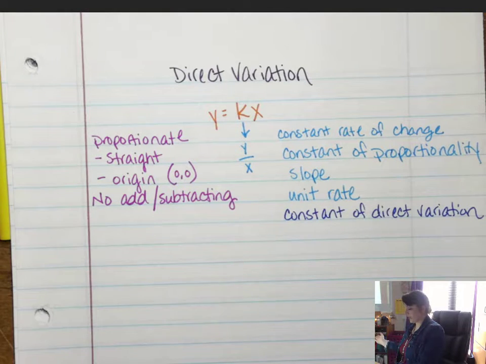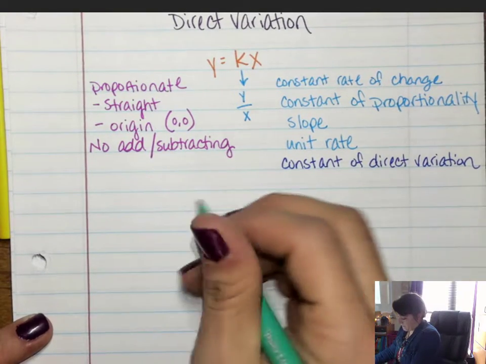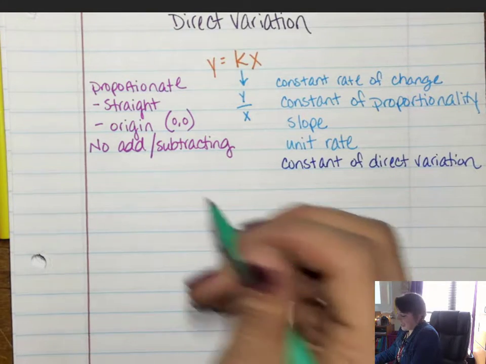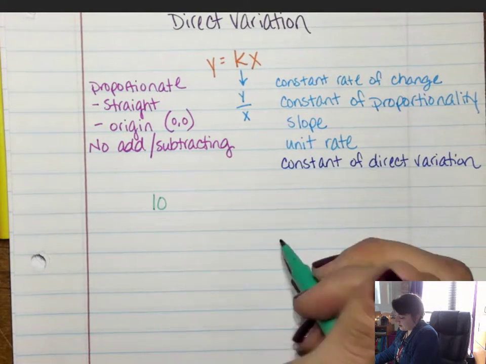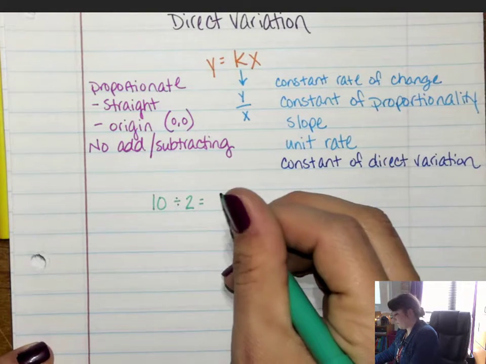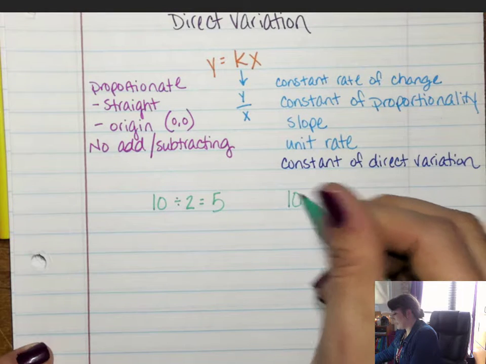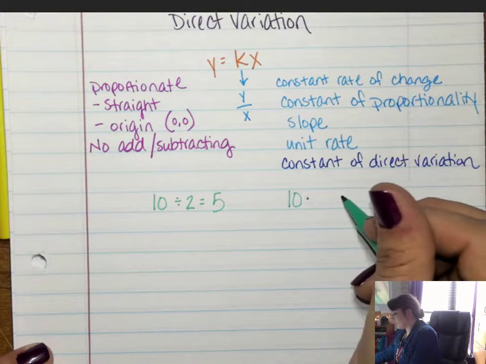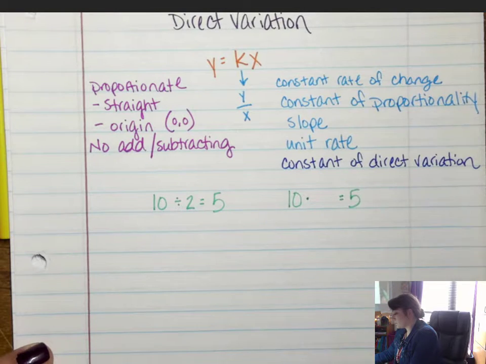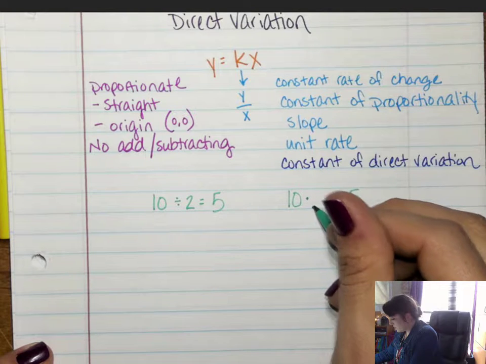Now, quick side note, just something to make sure we understand. 10 divided by 2 is 5. What can you multiply 10 by to get 5? I heard somebody say 0.5.